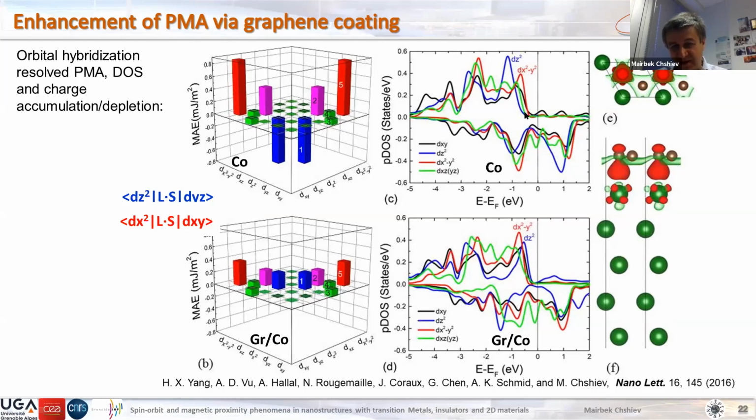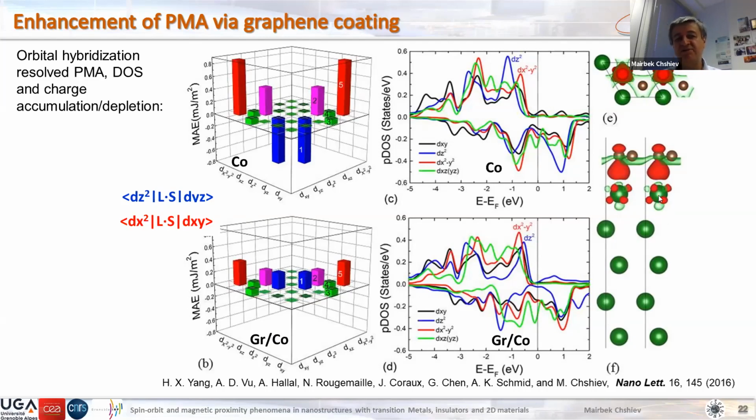But a simple explanation is, if we compare the partial density of states, we see that when we put a graphene on the top of a cobalt, the dz square, which is easily hybridizable with a pi orbital of a graphene, of a carbon, is actually moving closer to the Fermi level. And this is how we explain it.